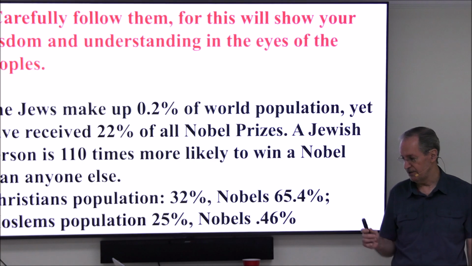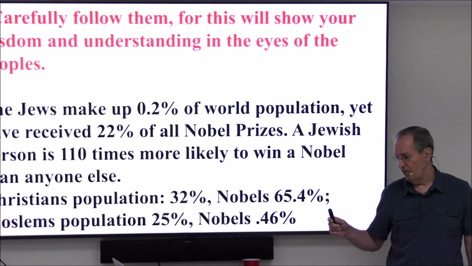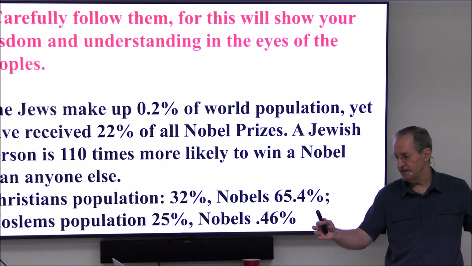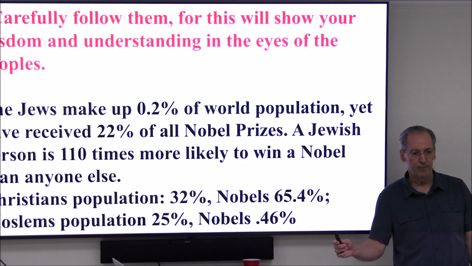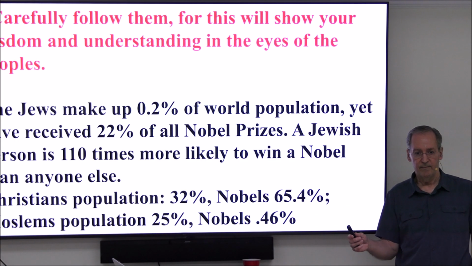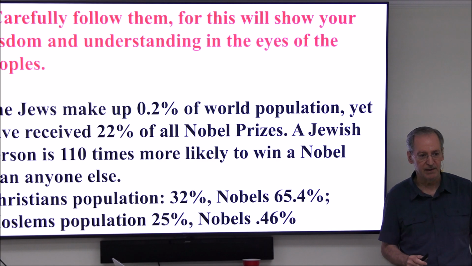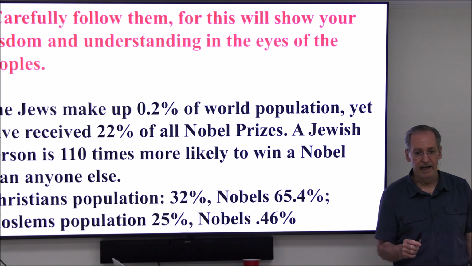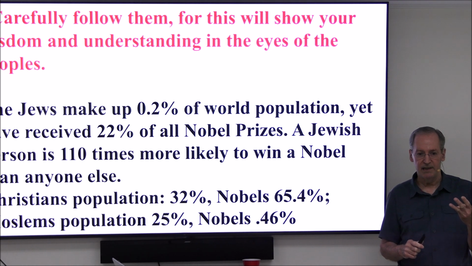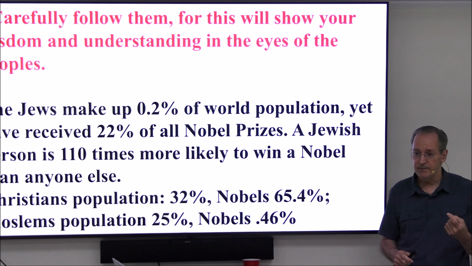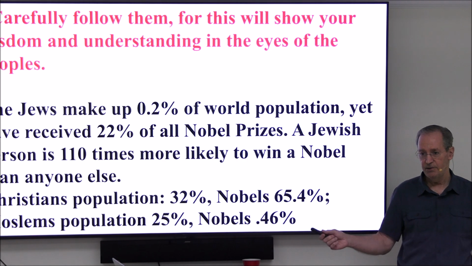Christian population is 32% of the world. Christians have won 65.4% of the Nobel Prizes. Muslims are 25% of the population of the world, and they have 0.46%. Of the 3 monotheistic religions, the highest percentage of any of them are the Jews.